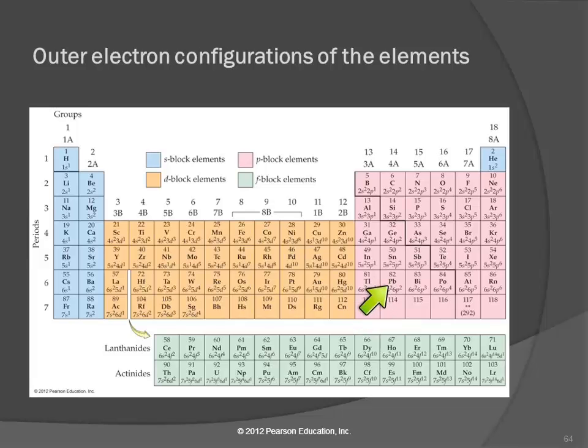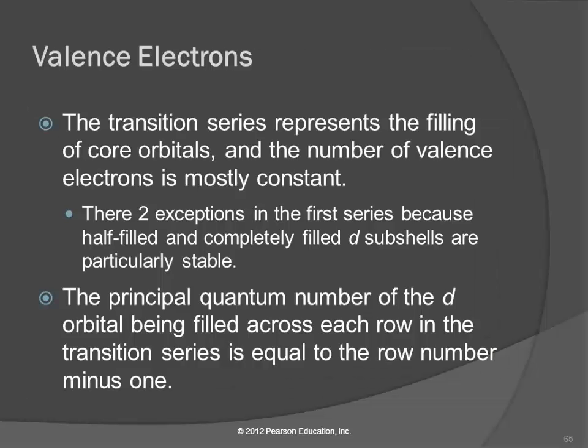How many valence electrons does lead have? What group? 4. It's in group 4A. And what level are those valence electrons in? 6. Okay. So it's kind of like this grid map thing that tells us a lot about the electrons in these different atoms.